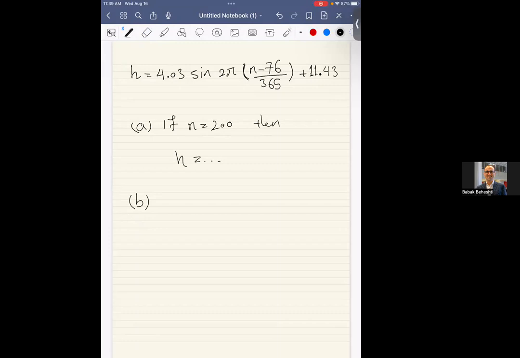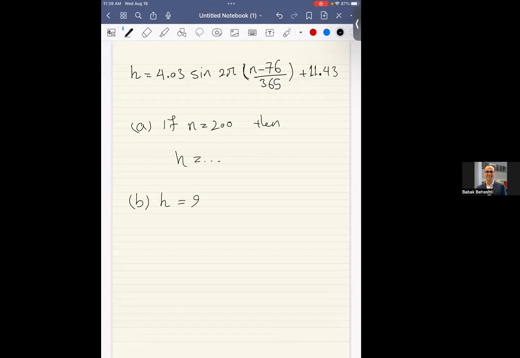The question. Can you read it completely? On what days of the year should there be 9 hours of daylight? Okay, so that means for part B, you want to find n so that h equals 9, right?